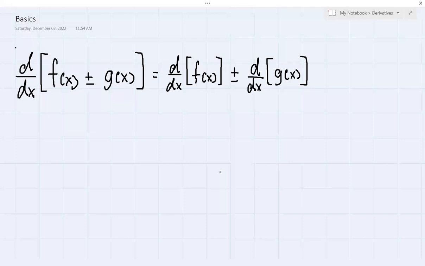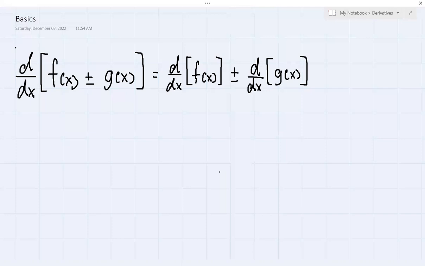Okay? Ulitin ko. If you have a given sum or difference between the given functions and you are asked to get the derivative of it, then it means i-differentiate mo each of the functions. Okay? And applied lang to if they are separated by the addition or subtraction operation.